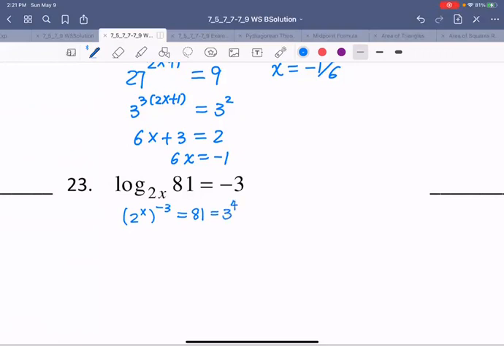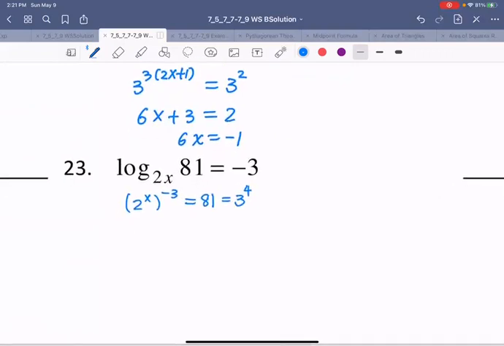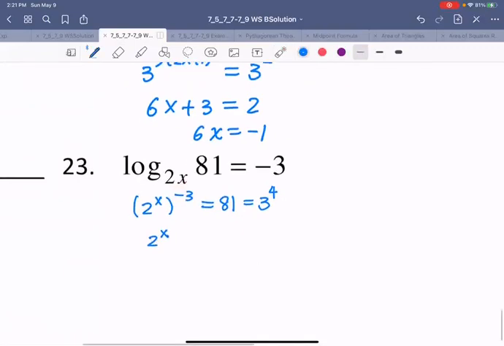Okay, now we have 2 to the power of x. Then we can do the fraction. We can do this guy to the power of a negative 1/3, right? So this becomes 3 to the power of 4 times negative 1/3.